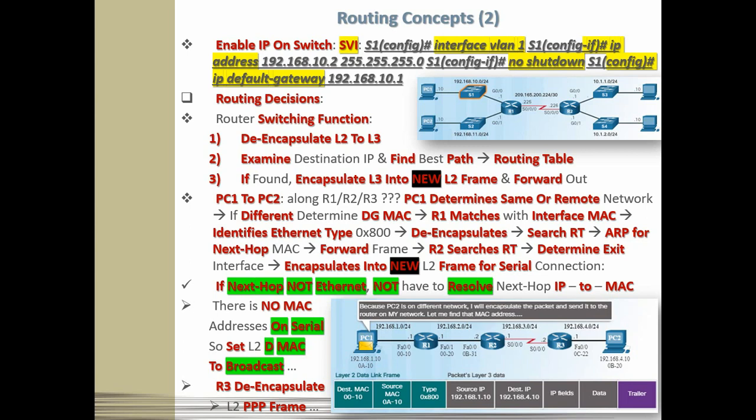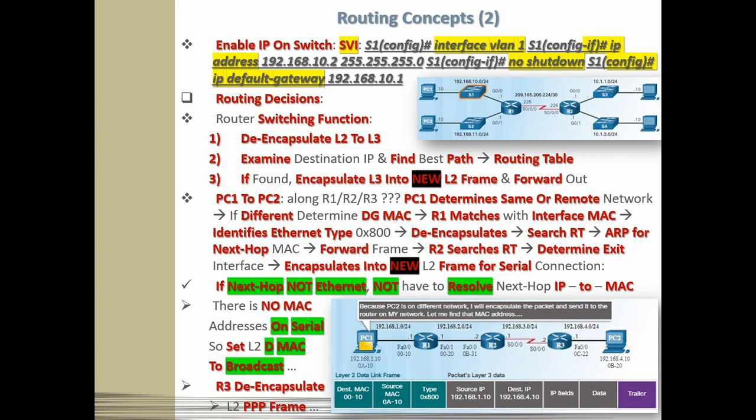Imagine that R2 inside its routing table has a route to 192.168.4.0/24 network with the next hop IP address of 192.168.3.2 and exit interface to get to the final destination is serial 0/0/0.